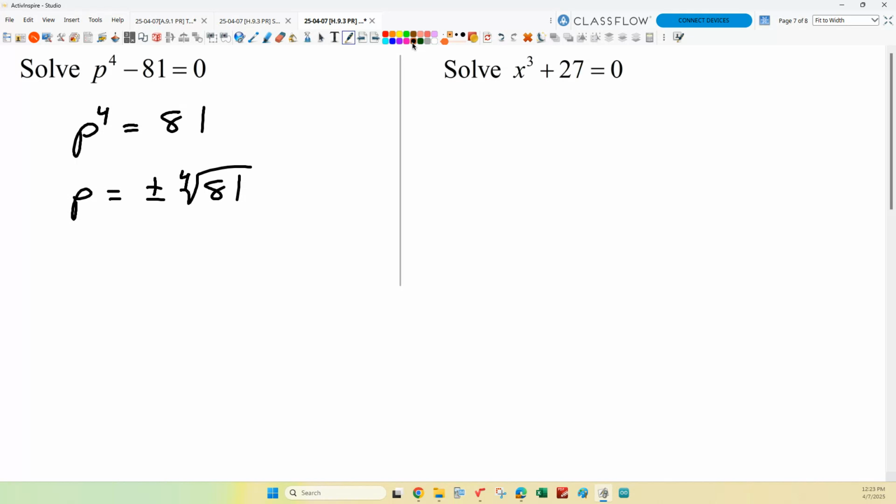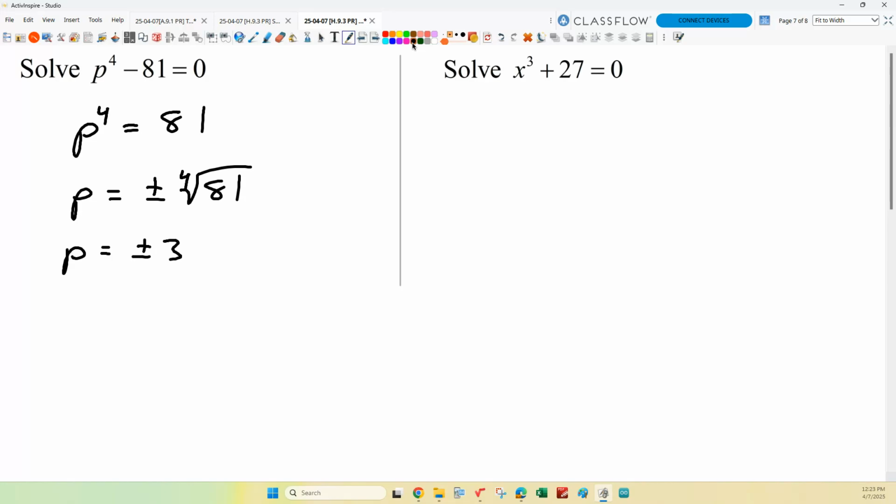And what's that give me? What's the fourth root of 81? 3, yeah. So I get p equals plus or minus 3. How many solutions did I get? 2. Does anybody think there's a possibility there could have been more?